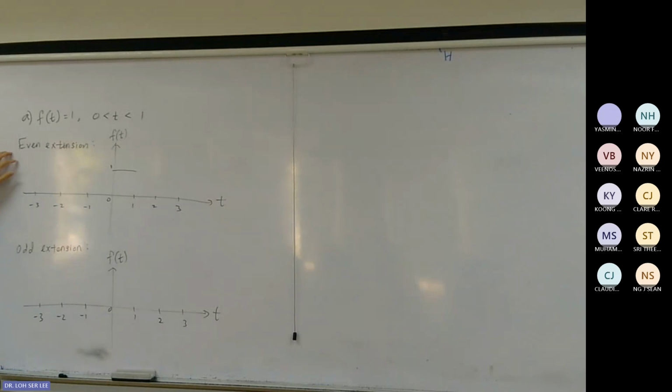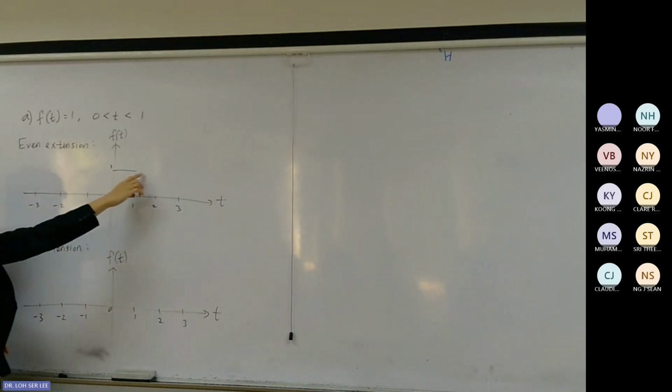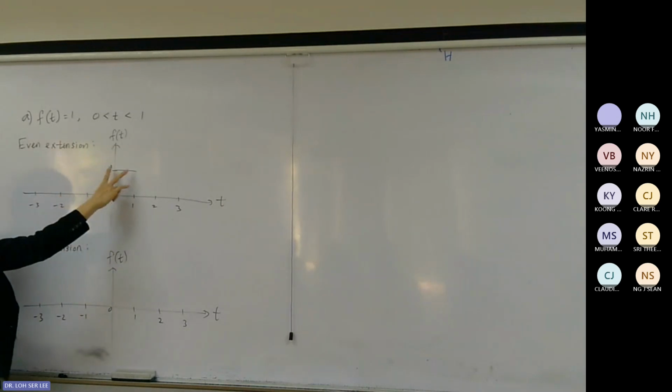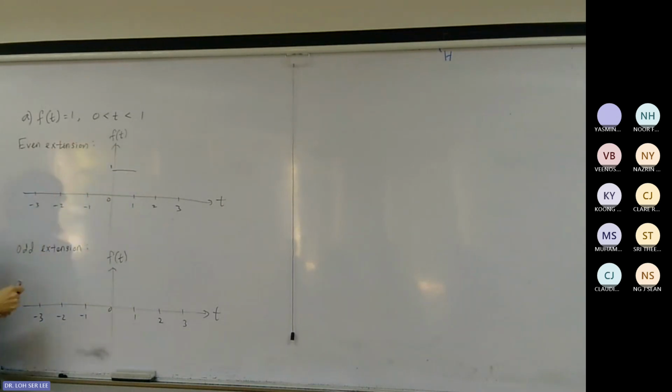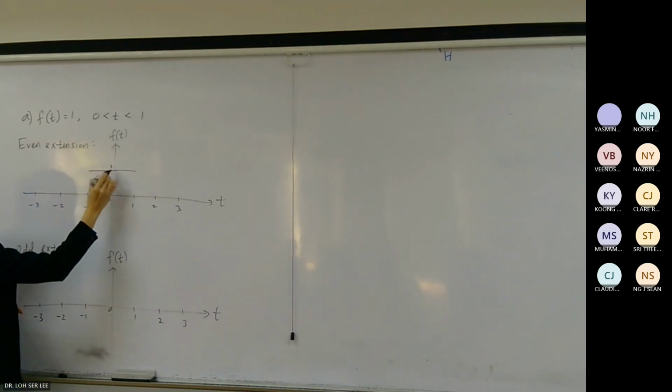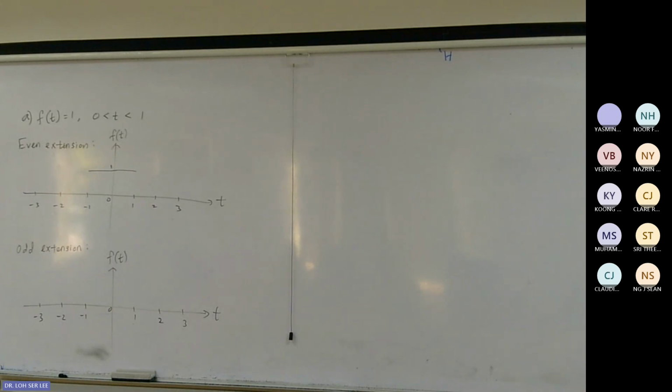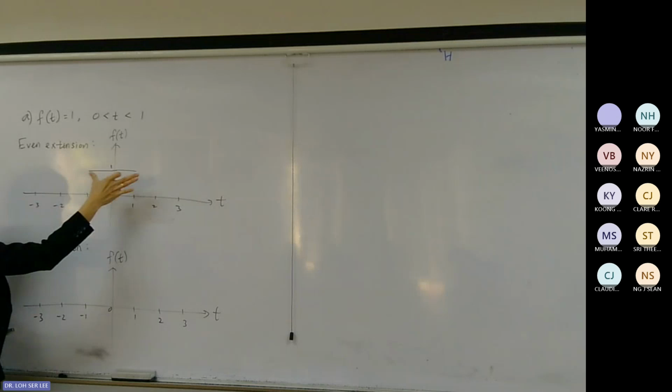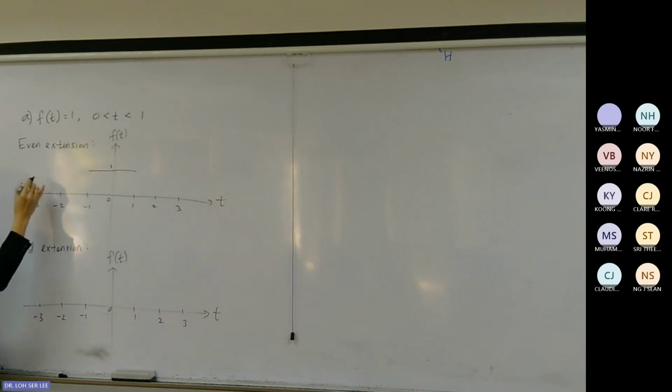We start from the even extension. We extend this into an even function, meaning that we reflect this through the y-axis. Then we copy and paste, copy this and paste it here and here.